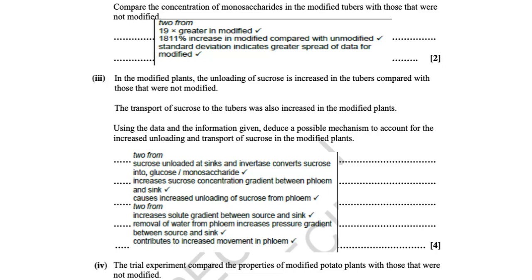That's going to increase the sucrose concentration gradient between the phloem and the sink, because in the sink the sucrose is going to be hydrolyzed by the invertase into 2 monosaccharides. That's going to cause an increase in the unloading of the sucrose from the phloem.